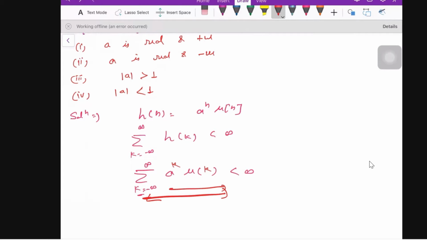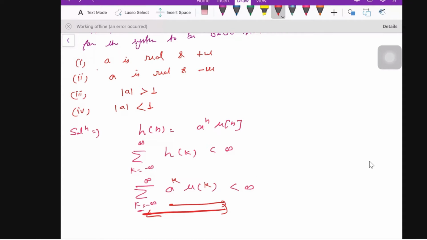Okay, now I'm not going to put this k value, because k is going to vary from minus infinity to infinity, so obviously you should focus on this a value. That's why in all of your options a value is mentioned over here.